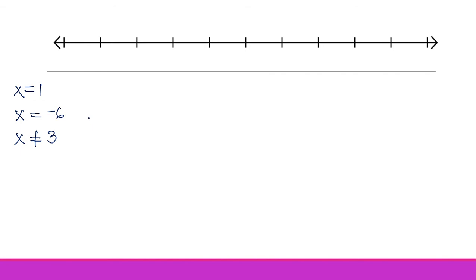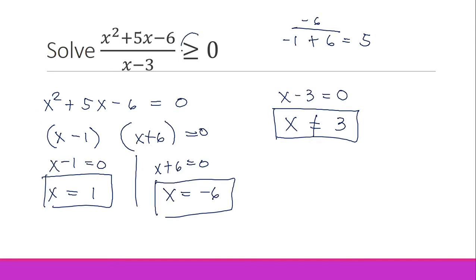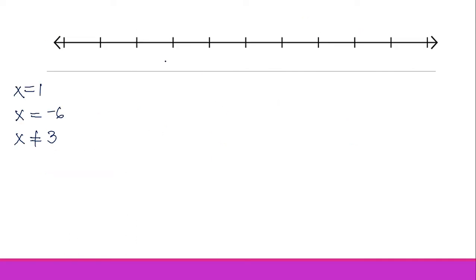Those are the critical numbers which you are going to plot on the number line. Considering the sign of your inequality, greater than or equal to, the values we've obtained from the numerator, the 1 and negative 6, will be shaded in graphing it on the number line.